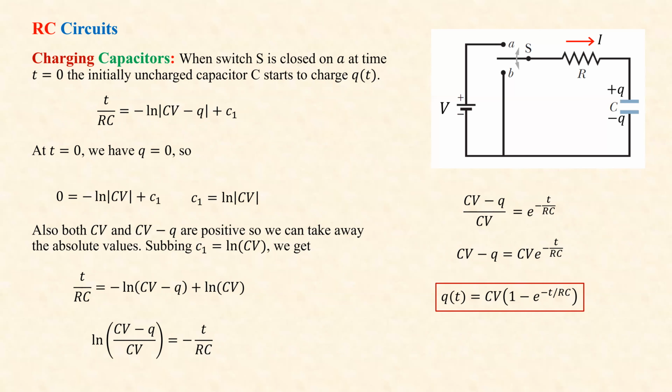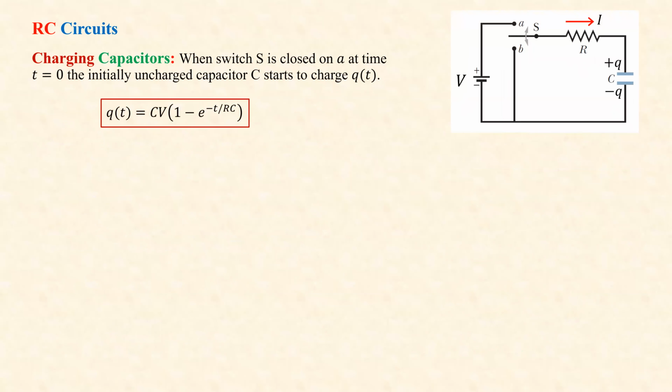All right. So this is the solution to that differential equation we were talking about. This function of time, Q as a function of time, satisfies that equation with its initial conditions.